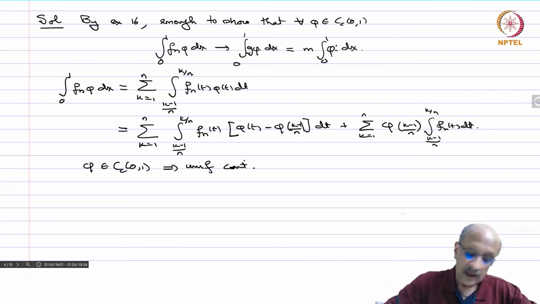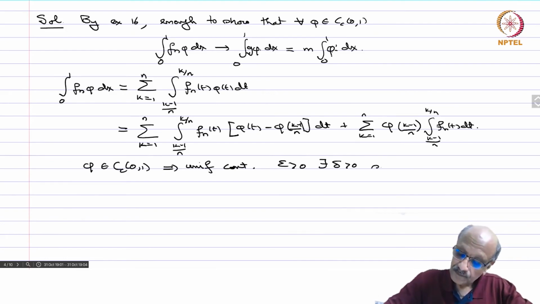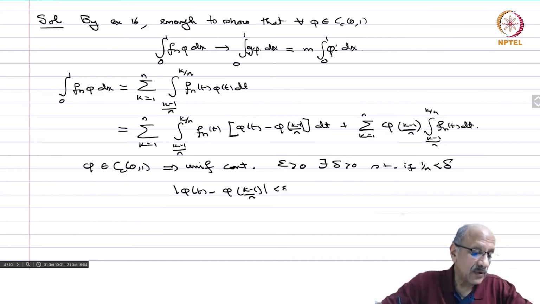Therefore, given epsilon greater than 0, there exists a delta greater than 0 such that if 1/n is less than delta, we have |phi(t) - phi((k-1)/n)| is less than epsilon for all t in ((k-1)/n, k/n).